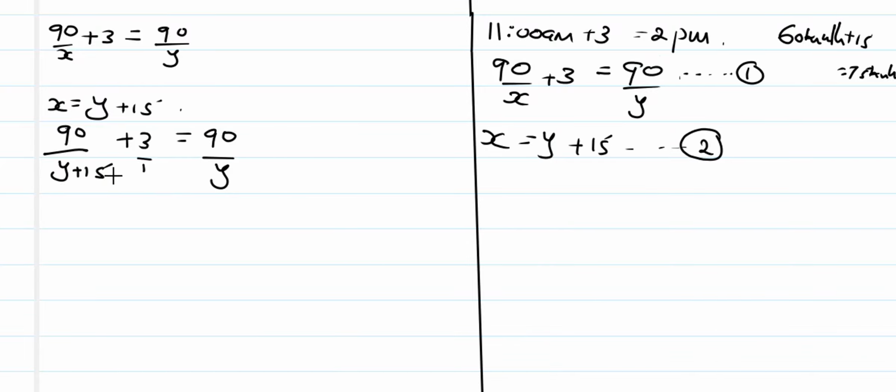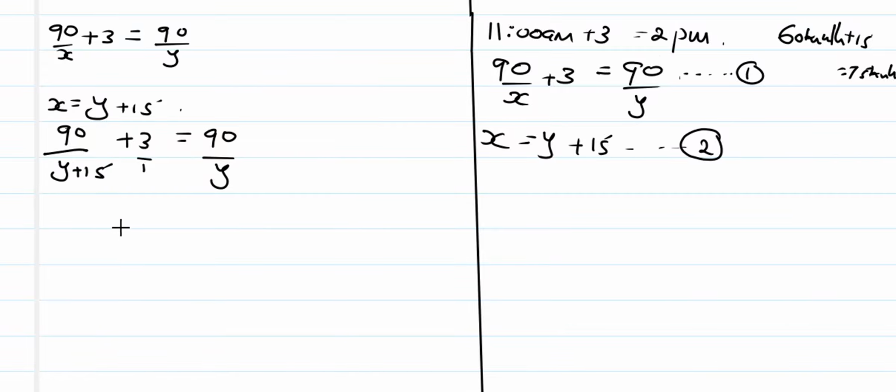But I want to show you a simple way. Instead of finding the LCM and putting all that division, you can do this. Take all the values here and multiply them. So 1 multiplied by y remains y, and multiplied by y plus 15 it still remains y plus 15.